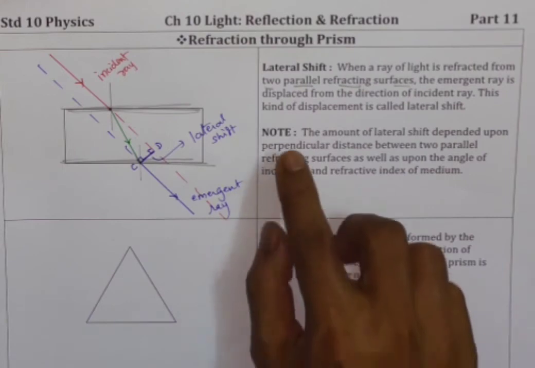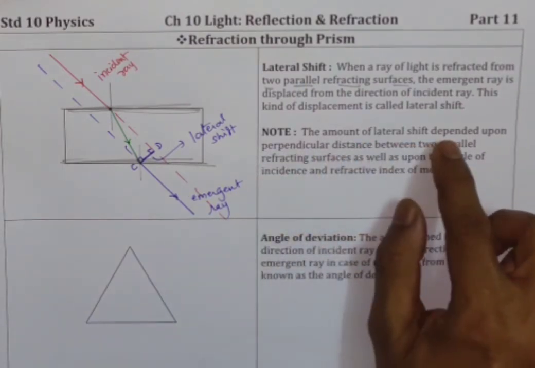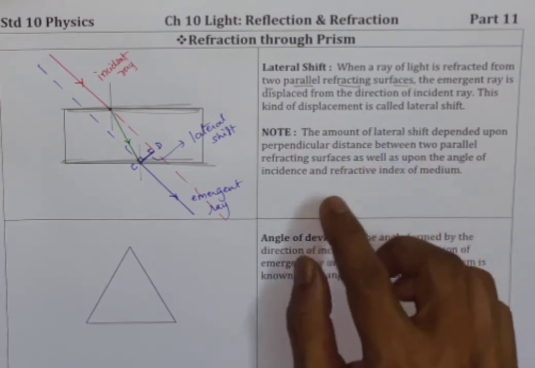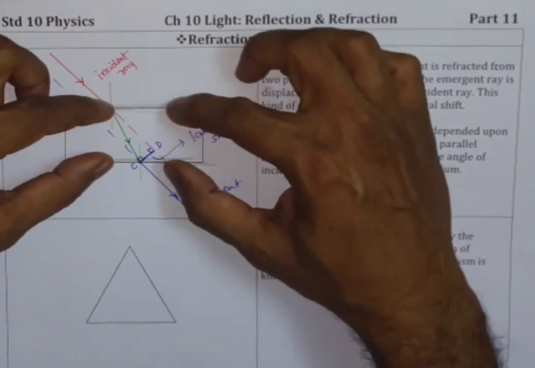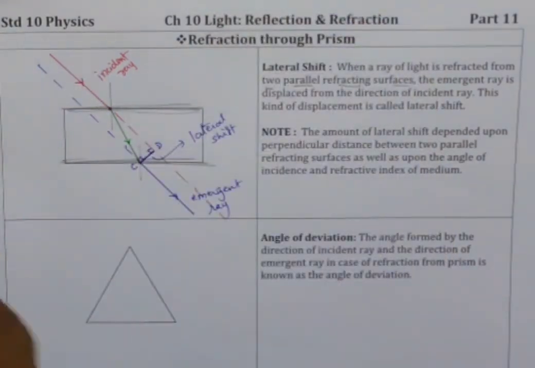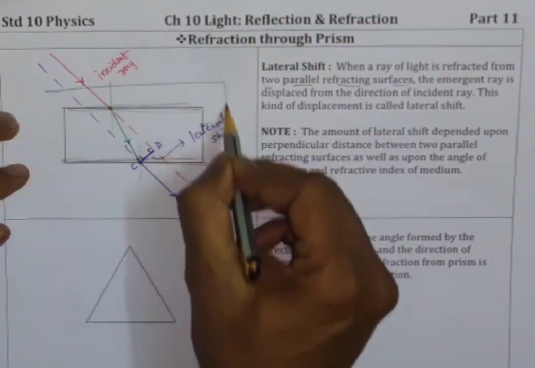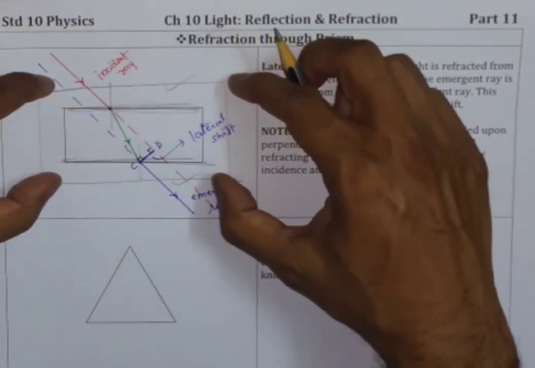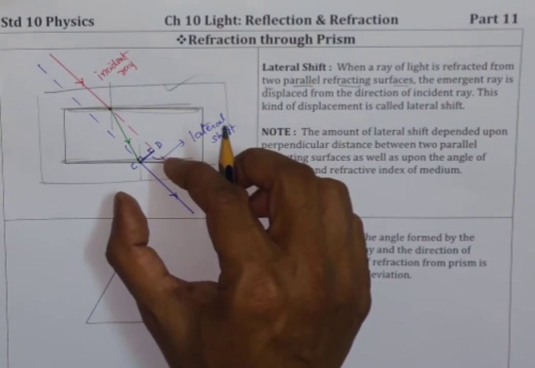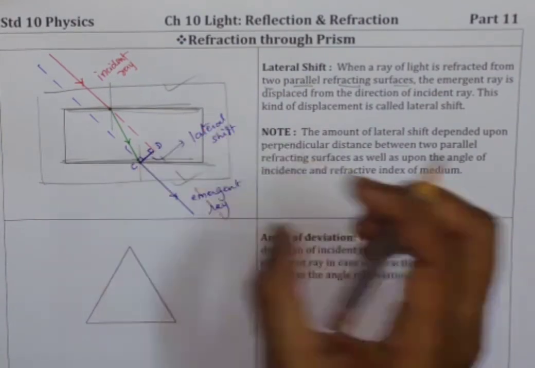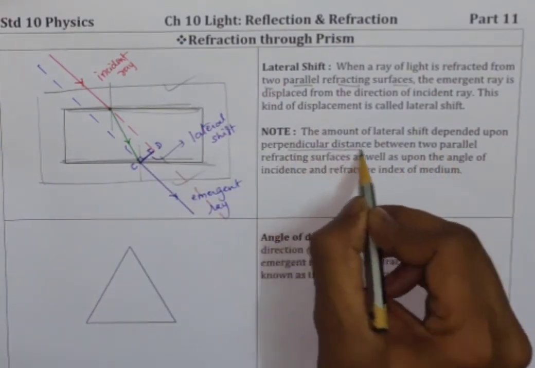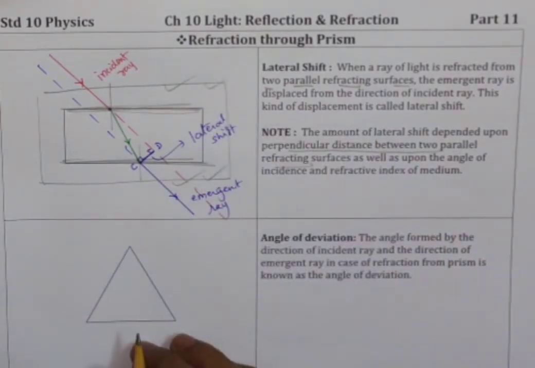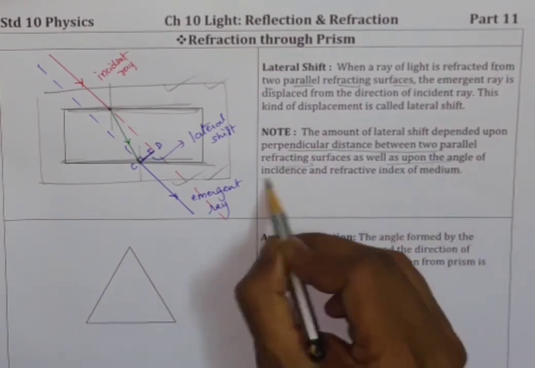Now note, this amount of lateral shift depends upon the perpendicular distance between the two refracting surfaces. Children, if the glass slab is bigger, the distance between the two refracting surfaces increases, so the lateral shift also increases. So lateral shift depends upon the perpendicular distance between the two parallel refracting surfaces as well as the angle of incidence.